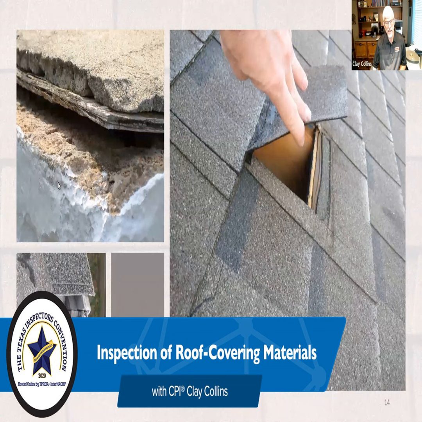So here's your chart of acceptable pitches for the various types of cover. So green is pretty straightforward: asphalt shingles installed according to the manufacturer's installation instructions with no special techniques.